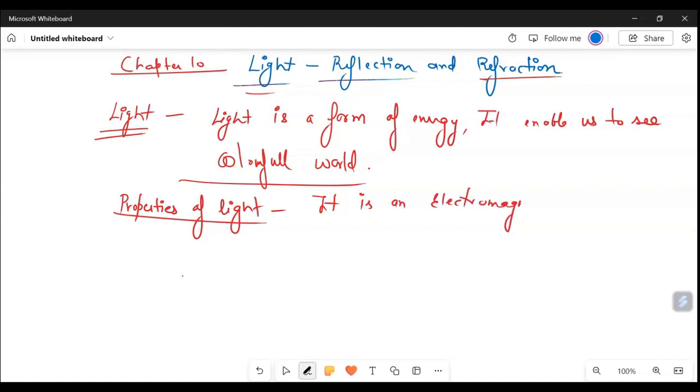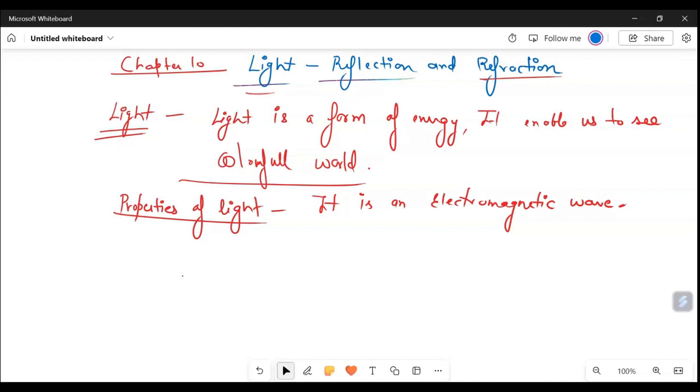When light travels in the form of radiation, it creates two types of field around it: one is an electric field, the other is a magnetic field. You have heard of the magnetic field that a magnet creates around it. The same is true of the electric field, and light is an electromagnetic wave, a wave creating electric as well as magnetic fields around it.